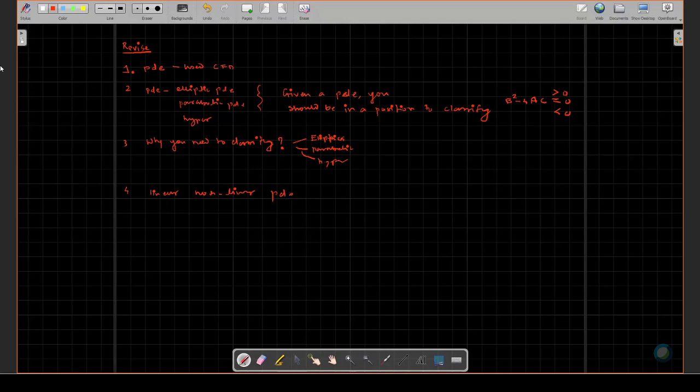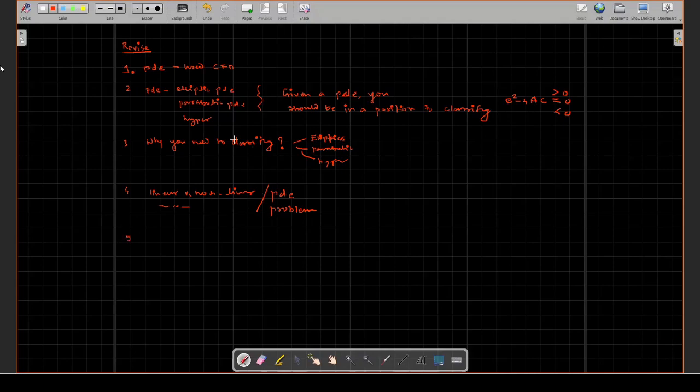We have also seen what we mean by a problem. Similarly, a problem can be a linear problem or a non-linear problem. So you should be in a position to identify linear versus non-linear PDE and linear versus non-linear problem.